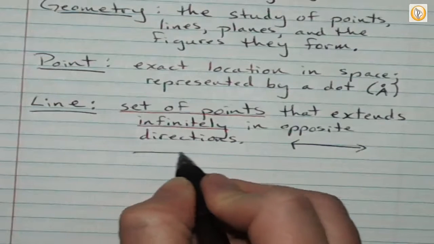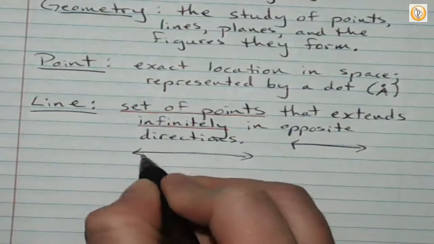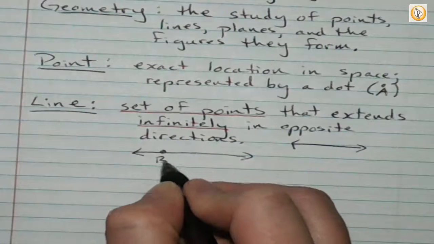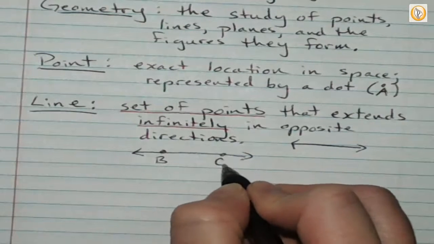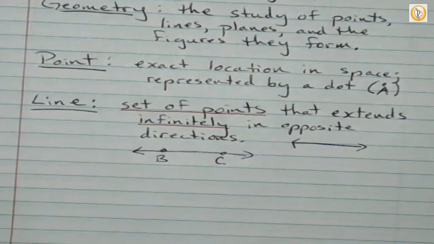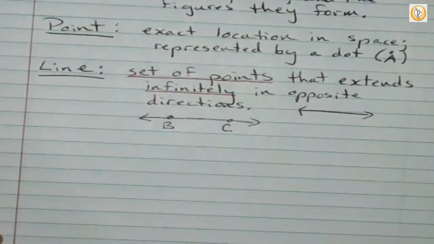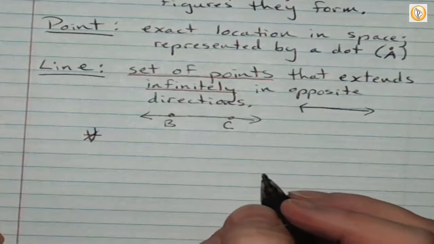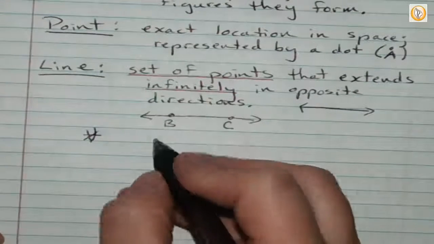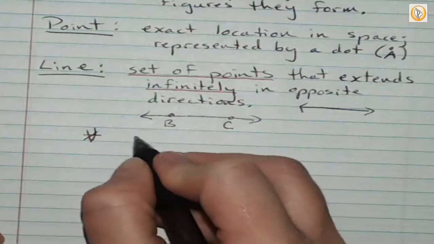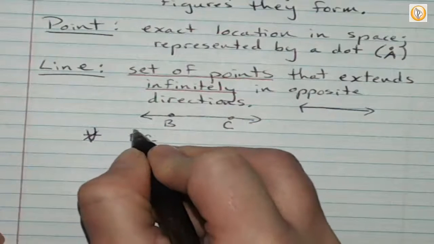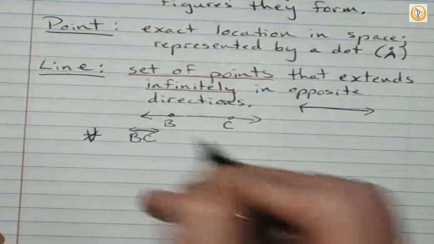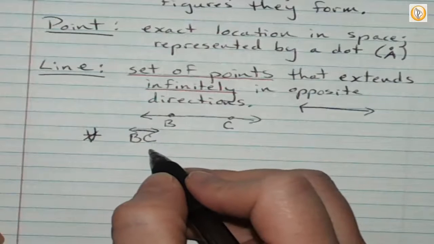And it's represented usually by a name. It can be like line BC. And I'm going to show you in more detail what it looks like. Well, I can do that now, I guess. So this would be written with the symbol, that's a line, over BC.